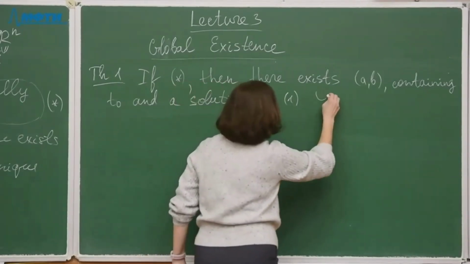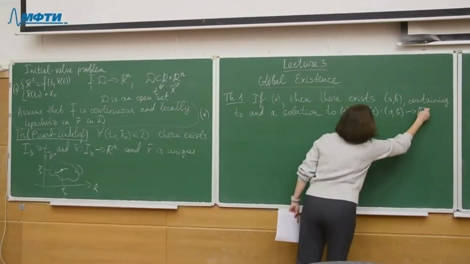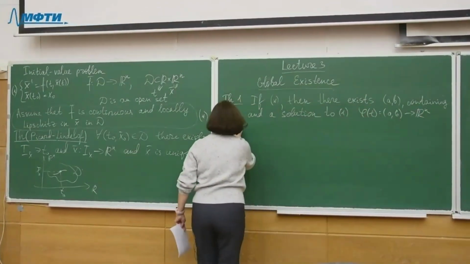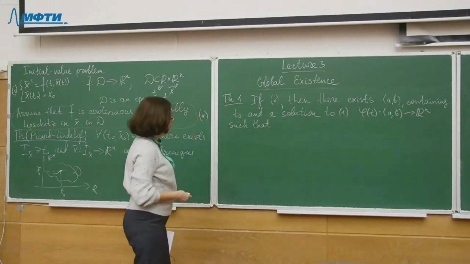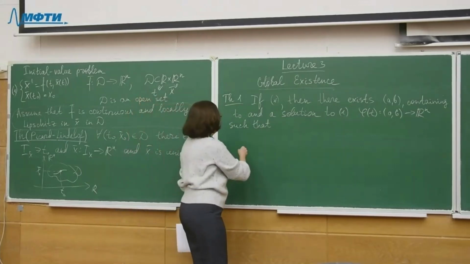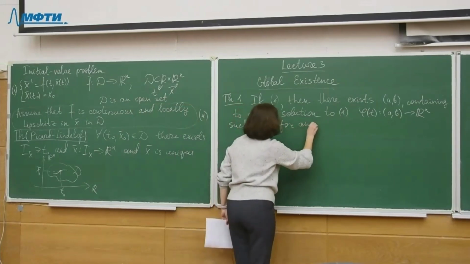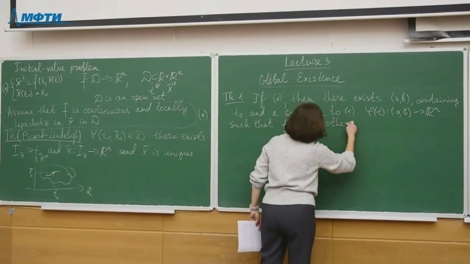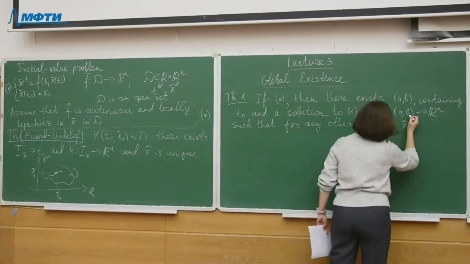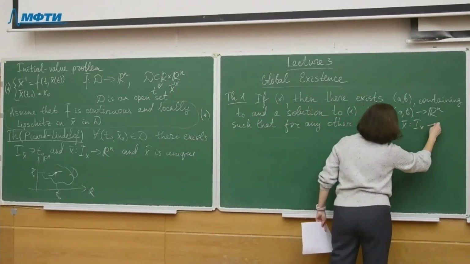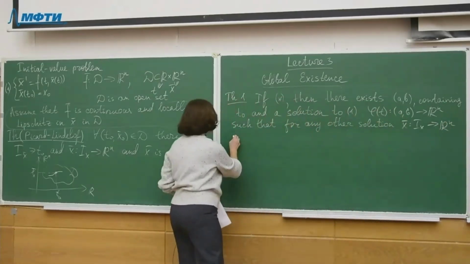We will call it phi of t from AB to Rn such that for any other solution x from Ix to Rn of the same problem 1.